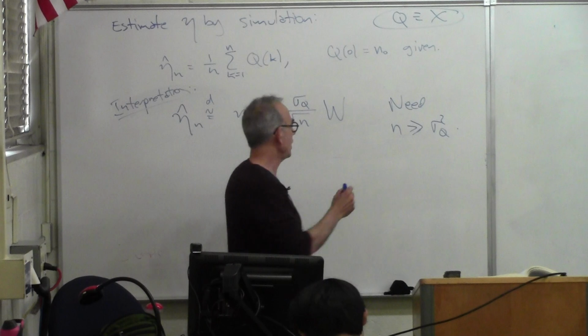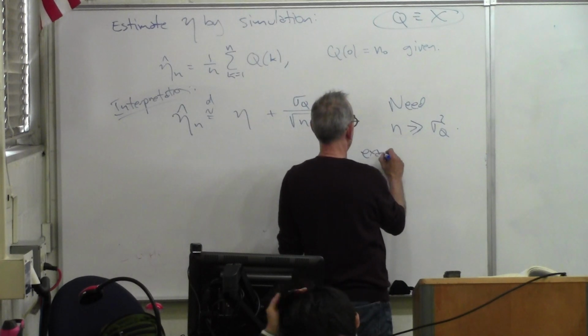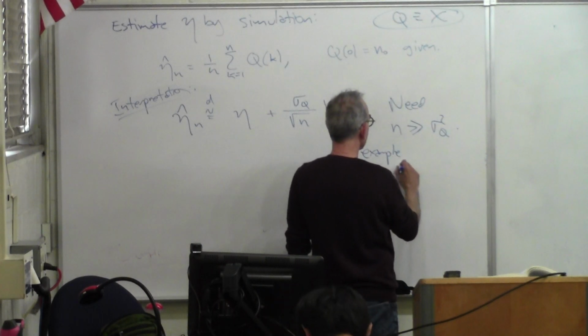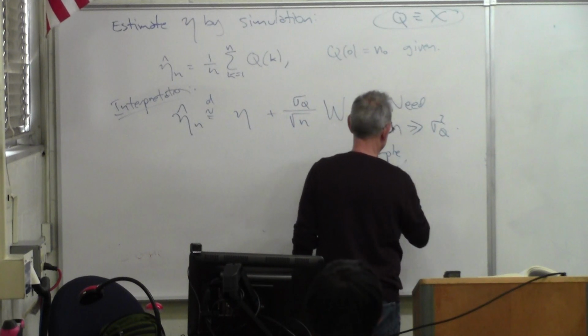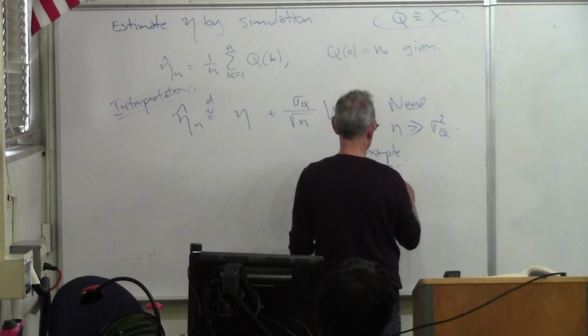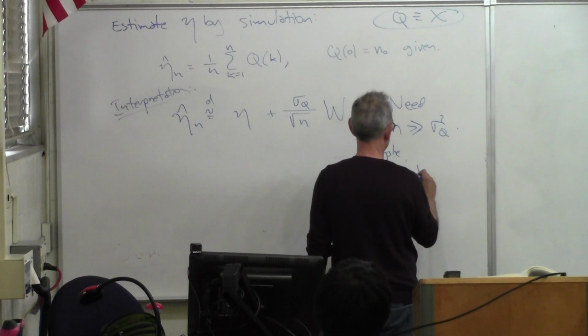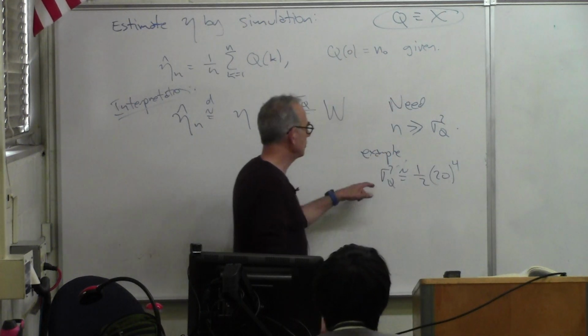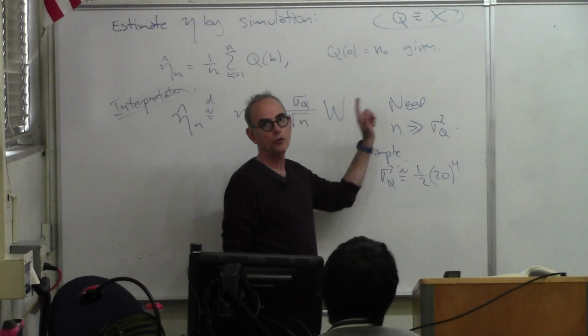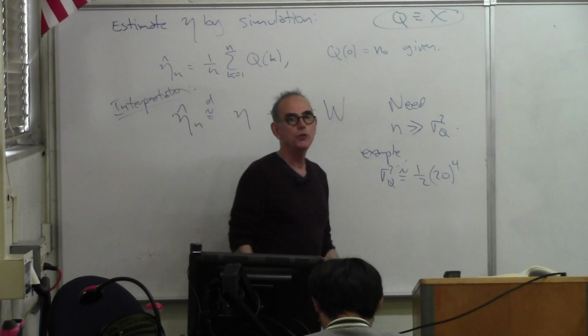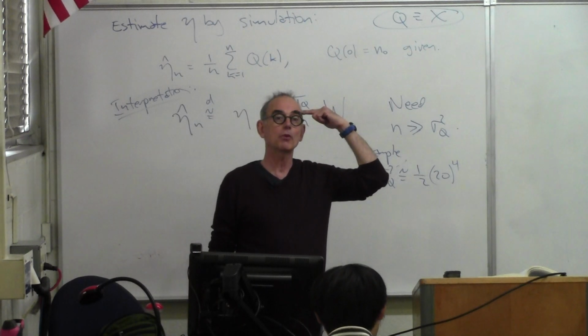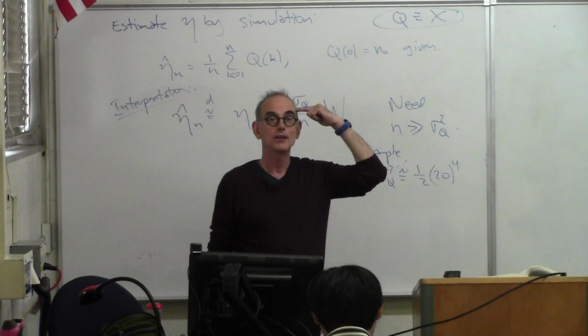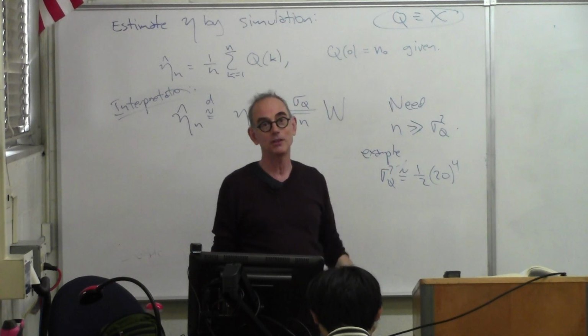And so in the example, sigma squared q is like 1/2 20 to the 4th power. And if you thought the ordinary variance was the right answer, you would get an absurdly small number.